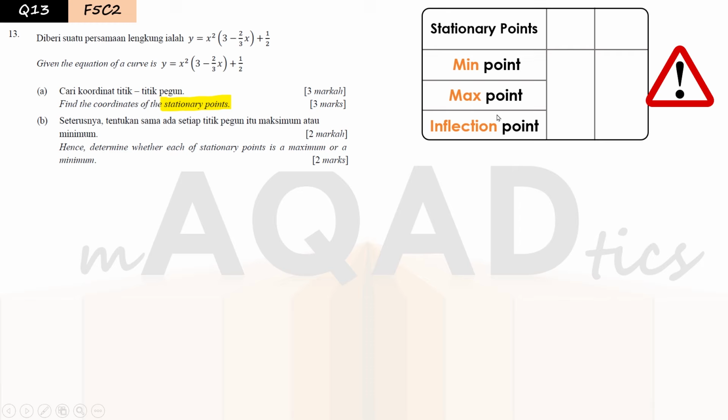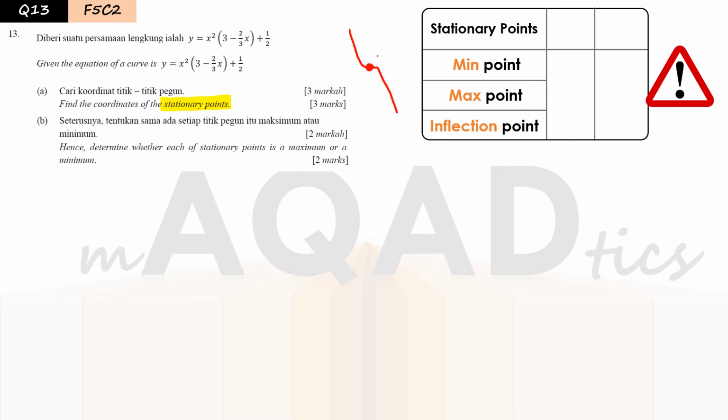This one doesn't really come out in SPM, so let's take this opportunity to learn what an inflection point is. Let's say we have this curve. It goes down, then somehow it becomes a horizontal line, and then it goes down again. The inflection point would be at the horizontal line part.